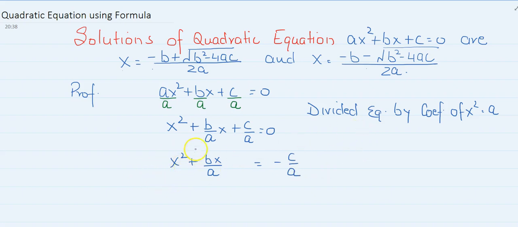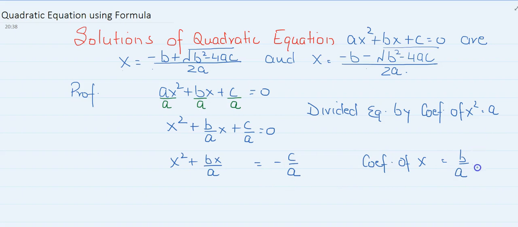Now we are going to use our knowledge of completing the square. In completing the square, the coefficient of x is b/a. Again, the number with the x is called the coefficient, b/a.